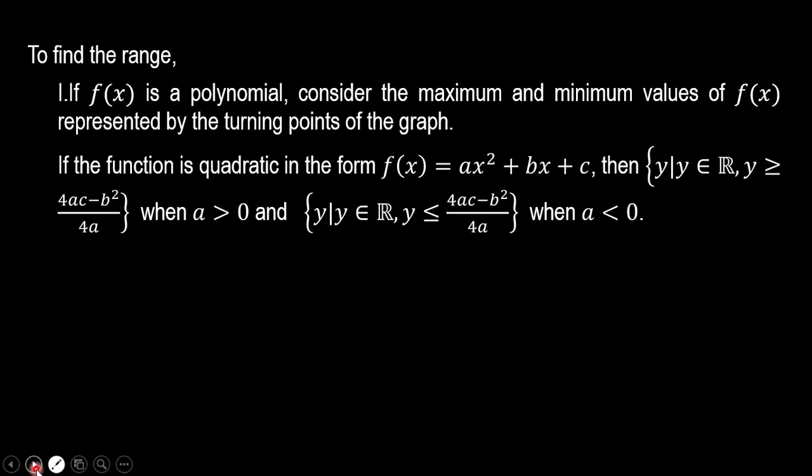If the function is in this form, we need to identify its vertex form, wherein y such that y is an element of real numbers, where y is greater than or equal to (4ac minus b squared) all over 4a when a is greater than 0, and y is less than or equal to (4ac minus b squared) all over 4a when a is less than 0.